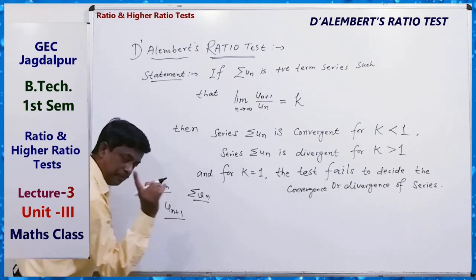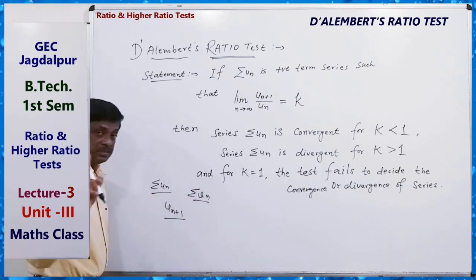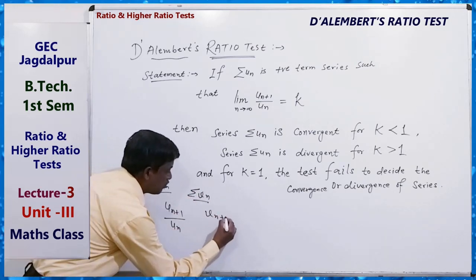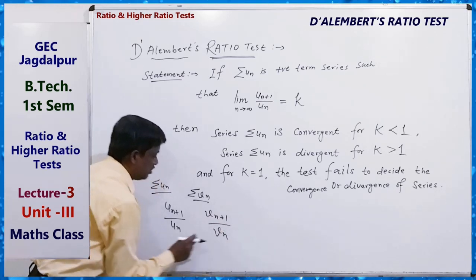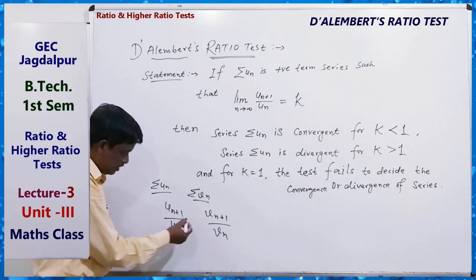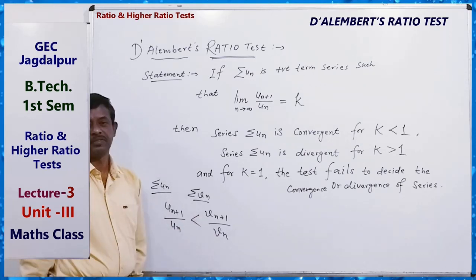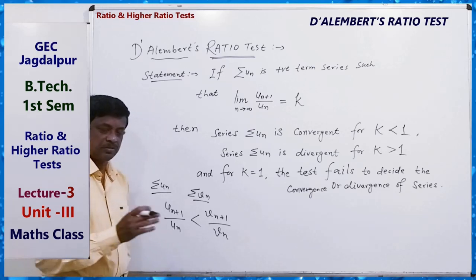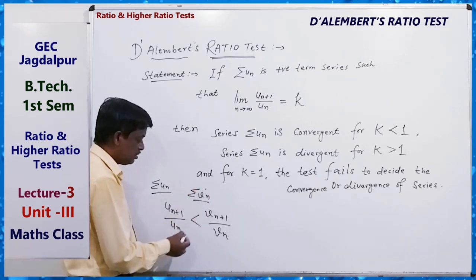If Vn is convergent and Un plus 1 upon Un is less than Vn plus 1 upon Vn, where these are the ratios for the two series, then Un is convergent.